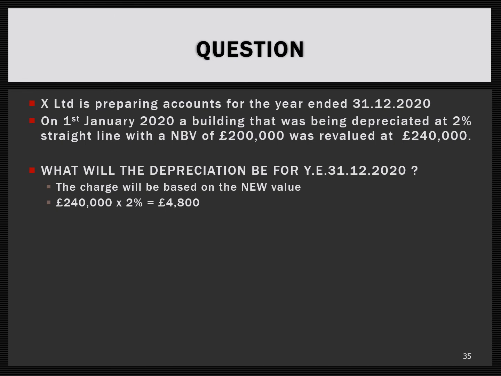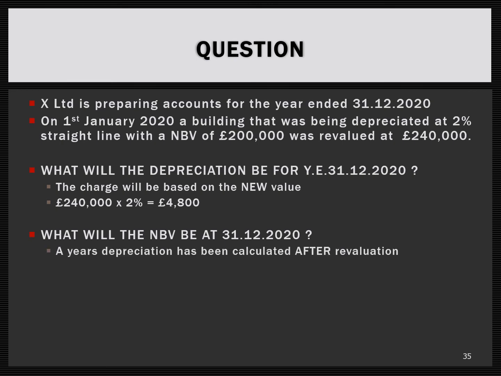So the depreciation charge for the year will be 4,800. See if you can now work out what the net book value will be, and that's fairly easy. It's going to be the revalued amount minus the £4,800.